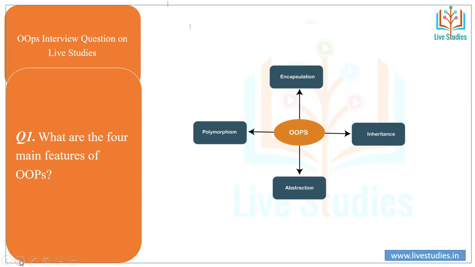The answer is there may be a chance of ambiguity problem. But an interface can extend any number of interfaces simultaneously. Hence, Java supports multiple inheritance with respect to interfaces, not classes.